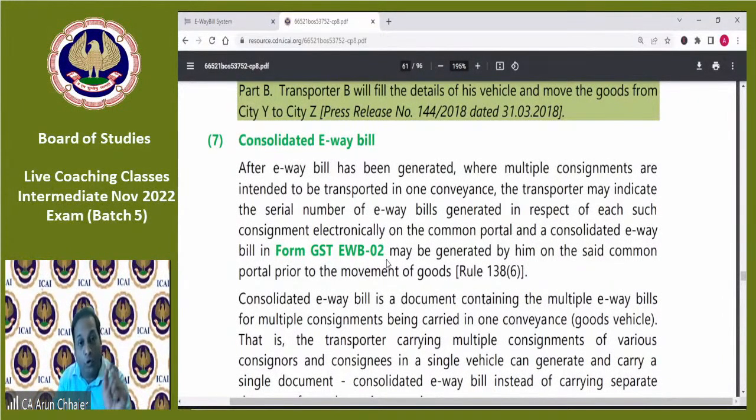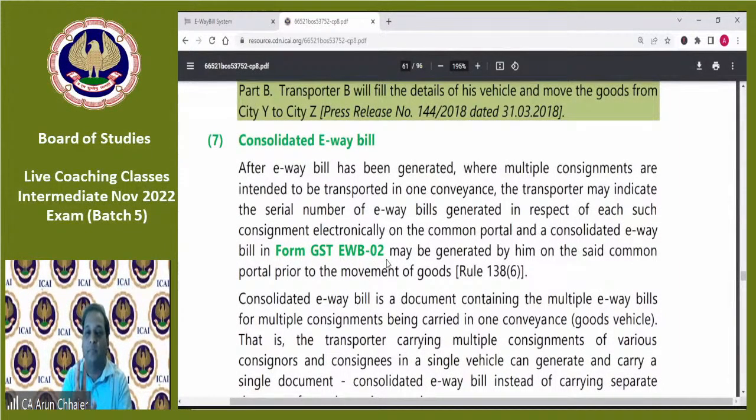Now think about a total of 150 customers having reached the Gati transporter with Part A. Now the Gati transporter has to add the Part B in every document. It's a time-taking task. So what is the option given to the transporter? He can generate one consolidated e-way bill.